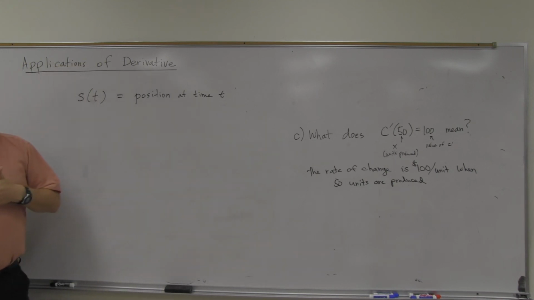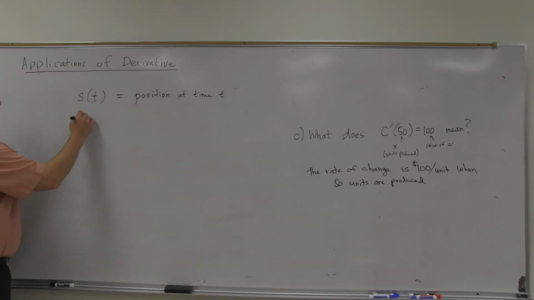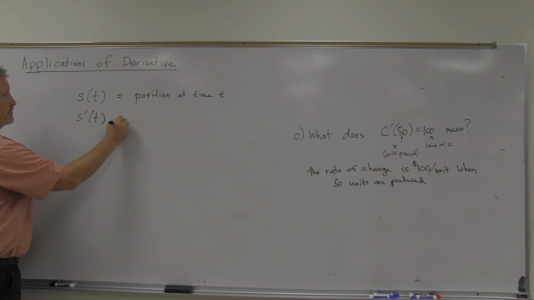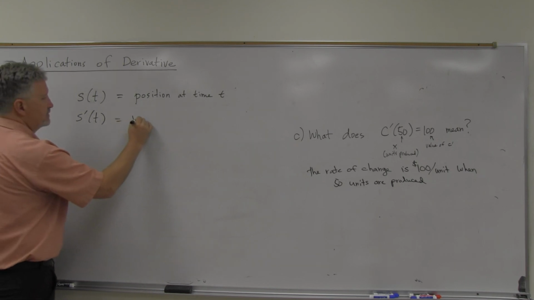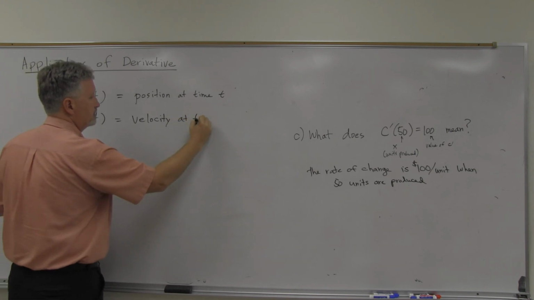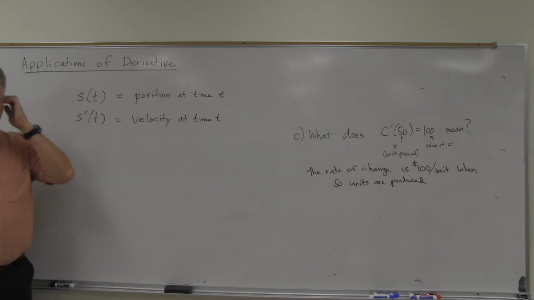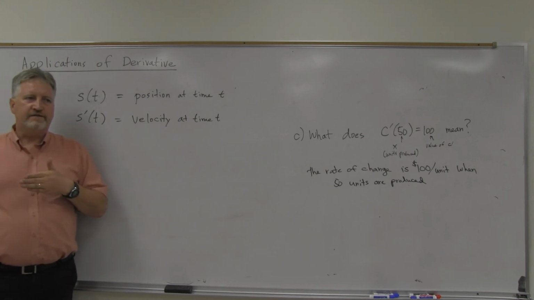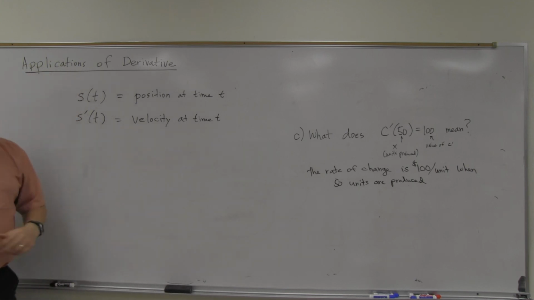All right, so if I do take my derivative of s, what does that give me then? Well, the derivative of position, that's velocity. So the derivative gives me the velocity at time t.